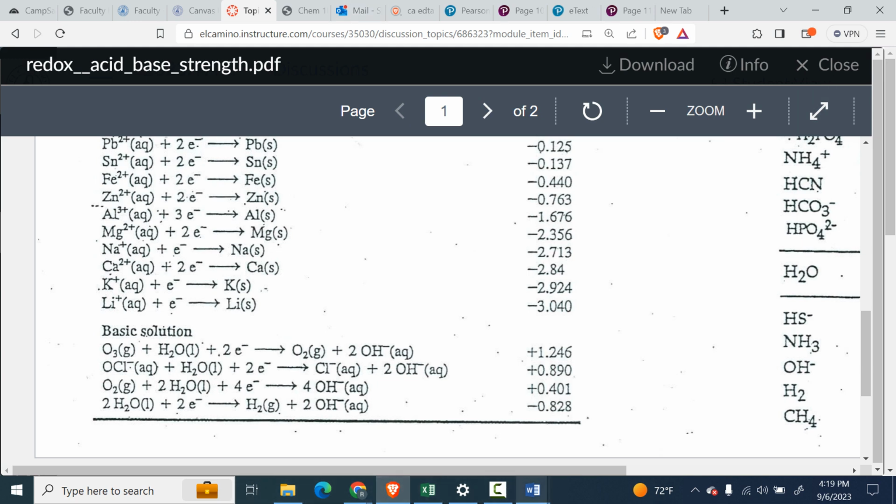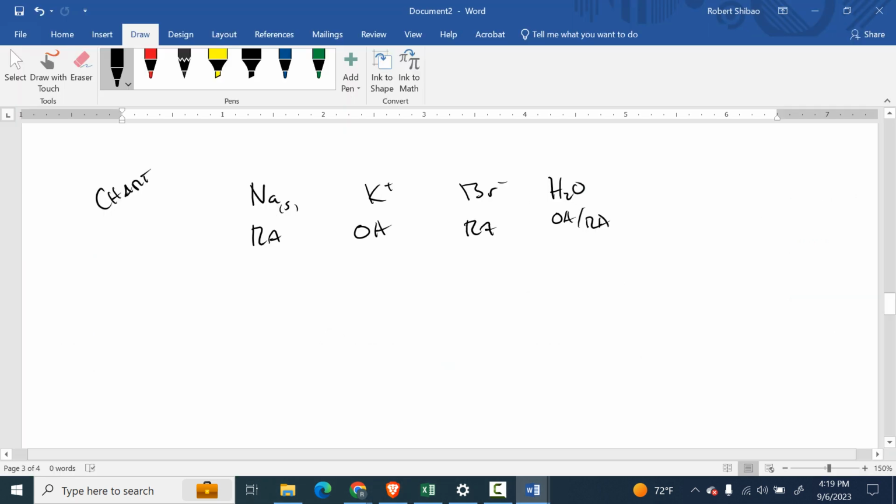And so let's go ahead and do that. The strongest oxidizer will be water. What's the strongest reducer? It's going to be sodium. Sodium is one of the top reducers. It's like number 5, I think. Closest to lithium.